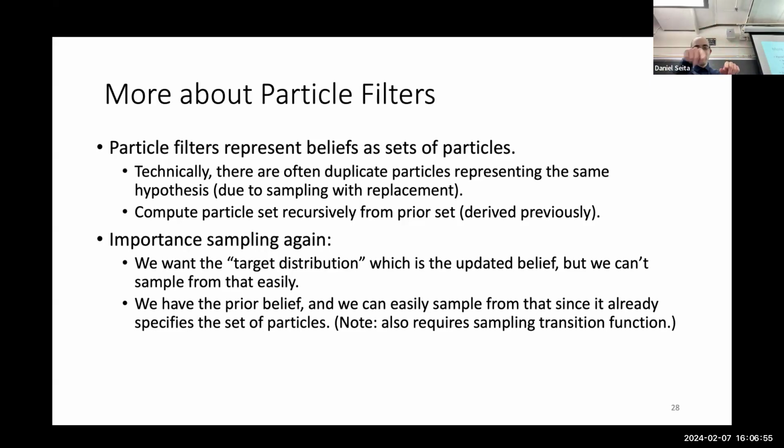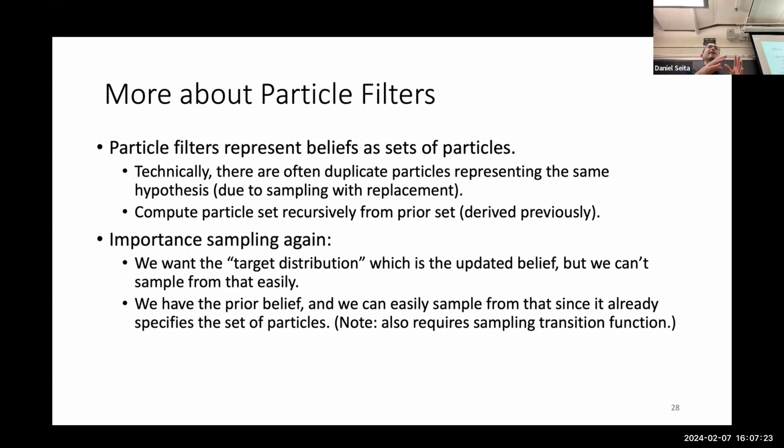The reason why it works in this case is because when we do particle filtering, we are starting recursively, like we have a prior set of particles. And so we already kind of know how we sample from those. We can sample from those particles plus use the transition function to figure out which particle is more likely than the other. And we'll cover that in the next slide.